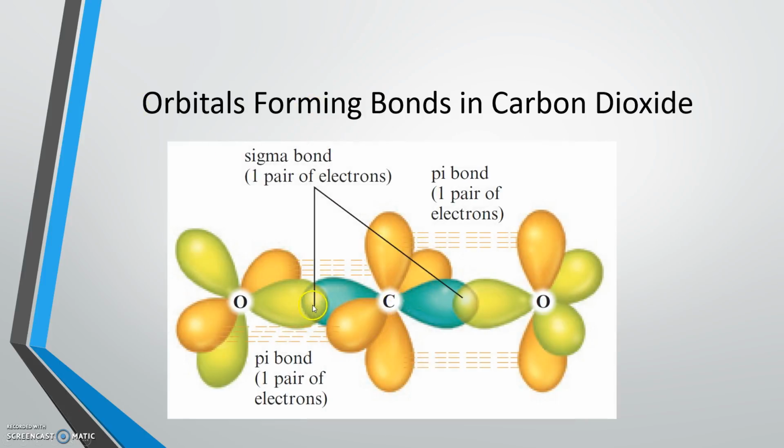Again, you can see the sigma bonds that are formed between the sp orbital on the carbon and the sp2 orbital on the oxygen. Here are our lone pair holding sp2 orbitals on the oxygen, and then the unused p orbital is forming a pi bond with this carbon, and then the other unused p orbital is forming another pi bond with the central carbon.